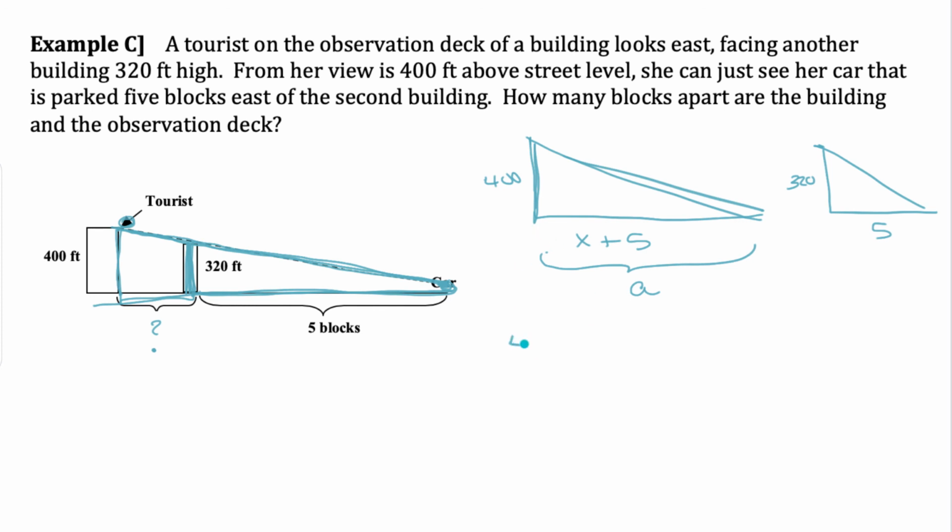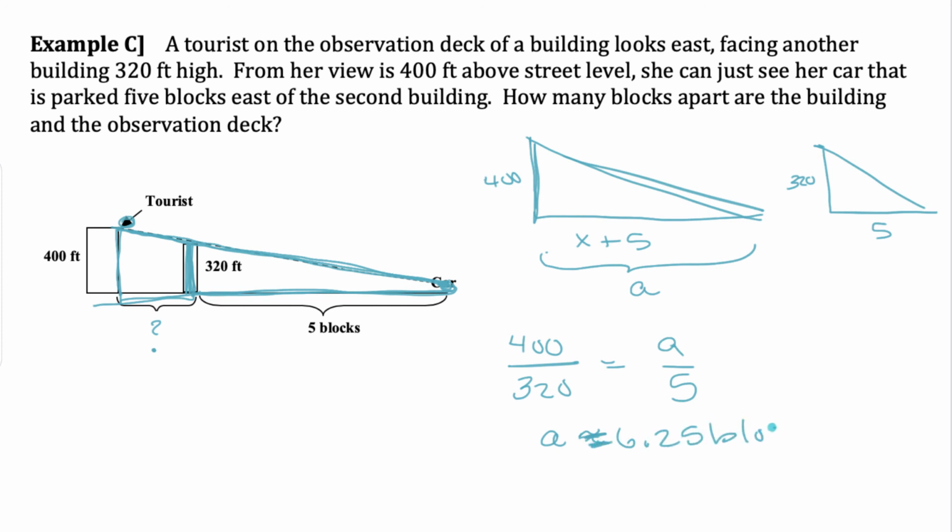So this proportion would look like this: 400 over 320 equals a over 5, if I just wanted to use a variable for this entire length here. And then if I cross multiply and divide, I get that a is exactly 6.25 blocks.